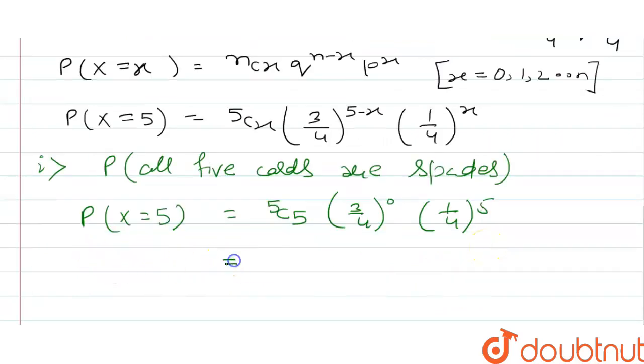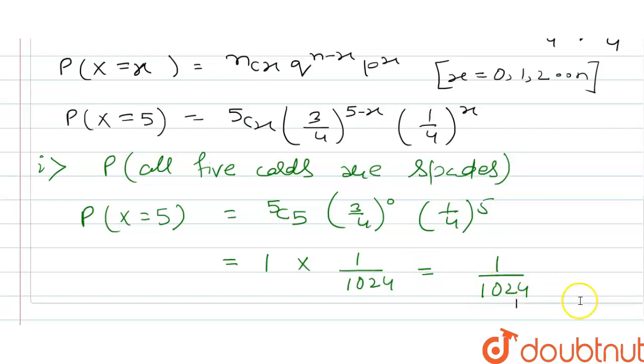After solving this, 5C5 is 1, (3 by 4) to the power 0 is 1, and 1 by 4 to the power 5 is 1 by 1024. That is 1 upon 1024, the answer of the first part.